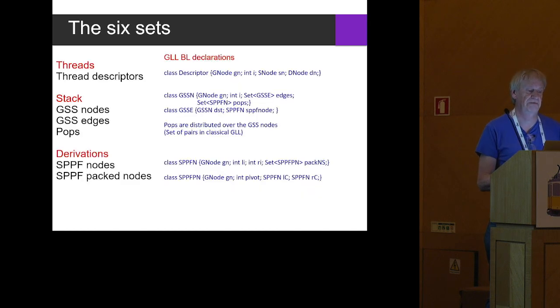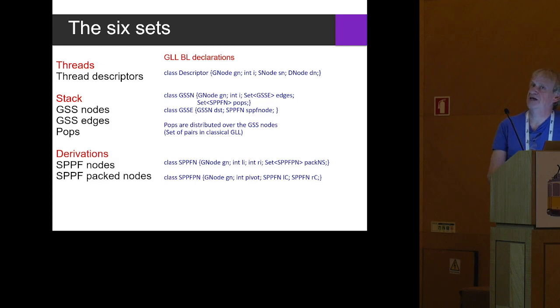Now, we talked about these 6 sets, and the sets work as follows. Essentially, GLL is a sequentialization of a piece of parallel processing, and we have thread descriptors which contain the context, and that's what the class descriptor does. We need a graph-structured stack in the traditional manner for generalized parsers, and that has nodes and edges, and they're declared, as you can see there.